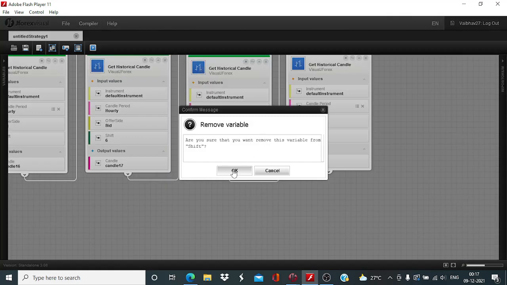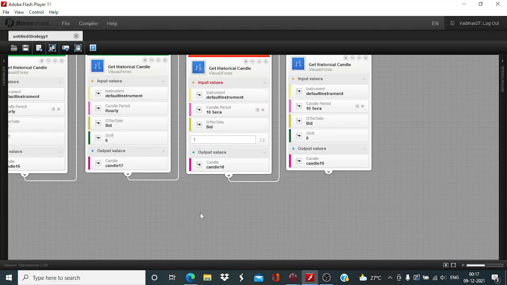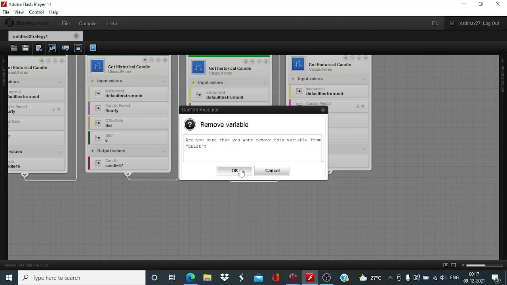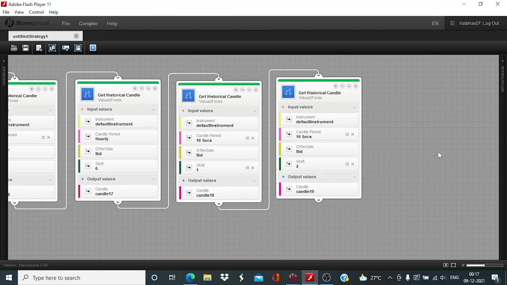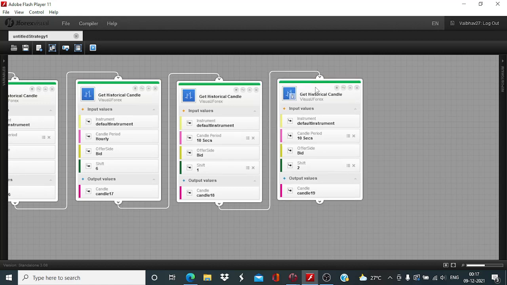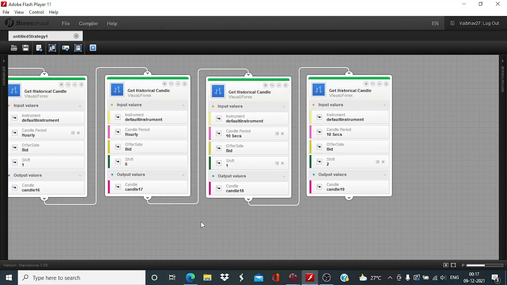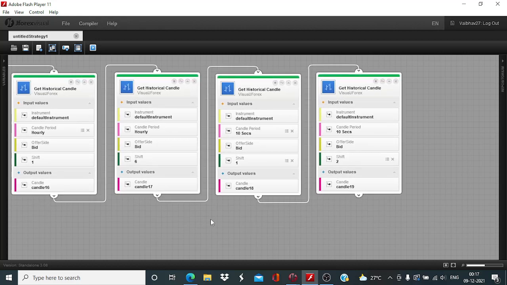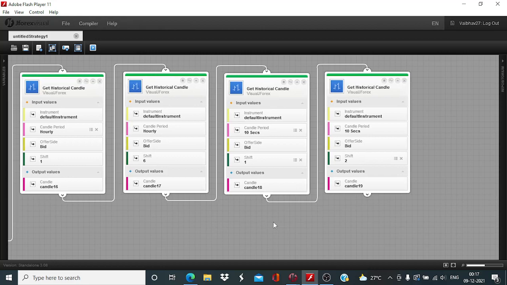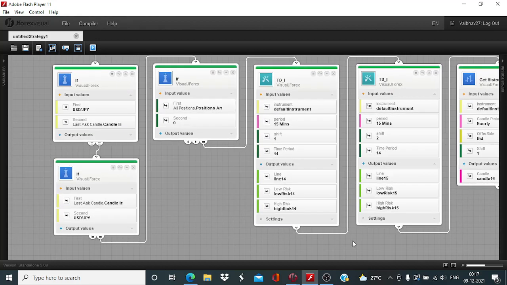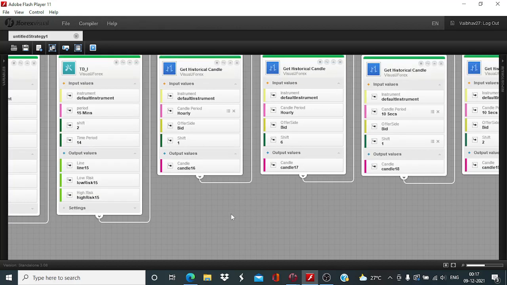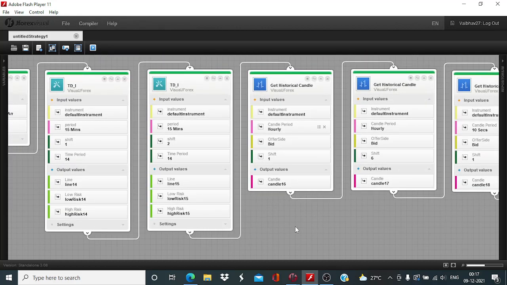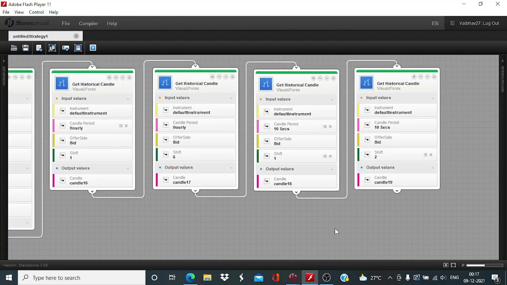Shift value of 1 and 2. And with this, we have in place the indicator blocks as well as info blocks.